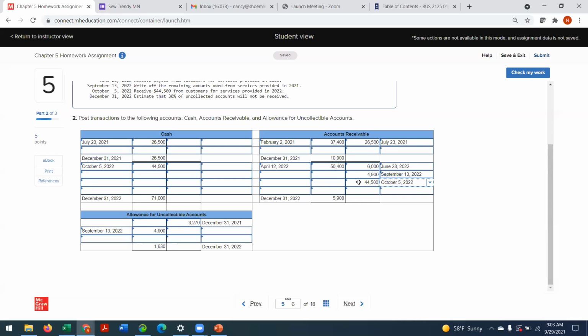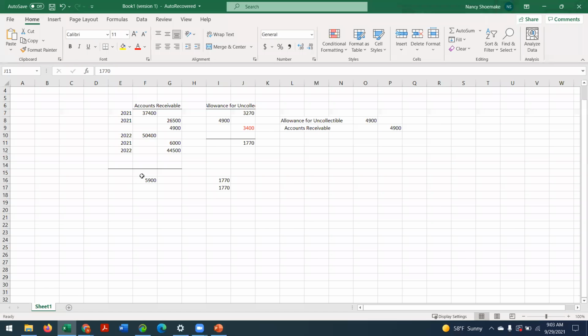Now it says we need to estimate that 30% of the uncollectible accounts will not be received. 30% of 5,900 equals 1,770.